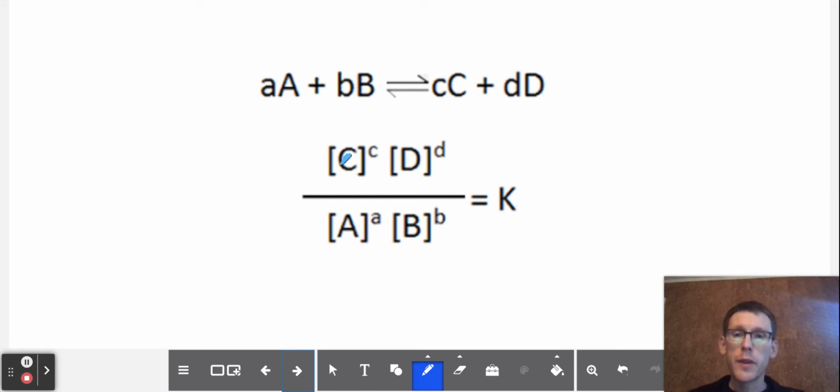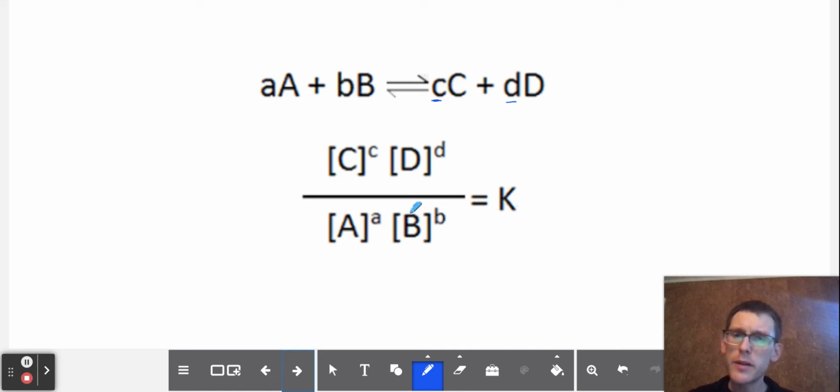And note that we're taking the concentrations of everything. So the concentration of one product raised to the power of the coefficient from the chemical equation, we'll multiply that by the concentration of another product raised to the power of whatever the coefficient is from the equation. And then we'll divide that by the same thing on the reactant side.